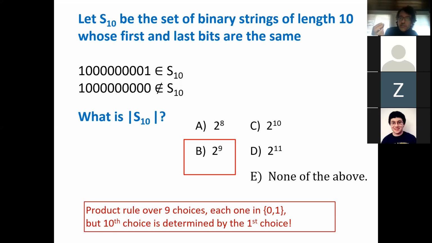Is it a bijection? Okay, two things. Does it have collisions? Is it one-to-one? Yes, because if two 9-digit strings were different, then when you copied their first bits and put them at the end, the output is still different. So you didn't create a collision. Did it cover all bit strings in S10?